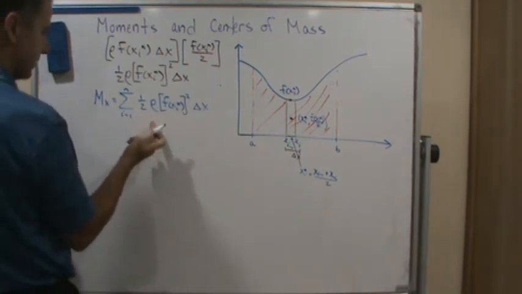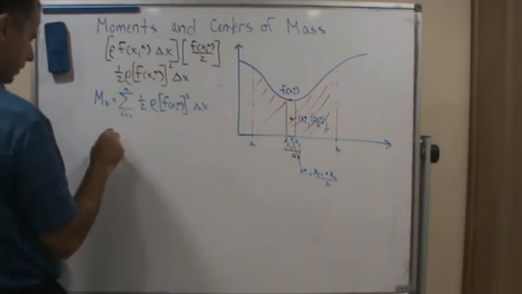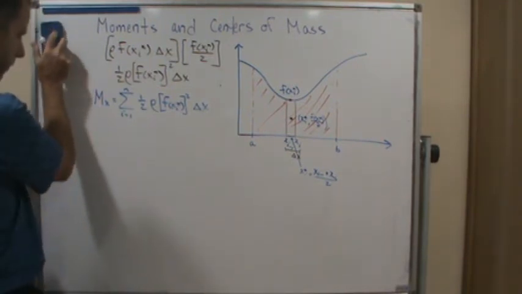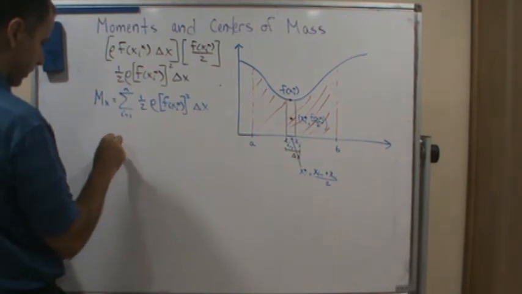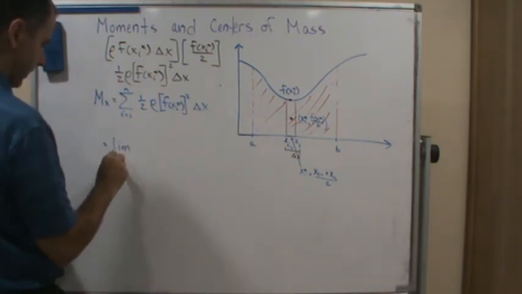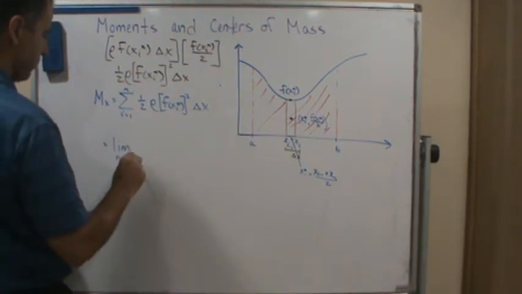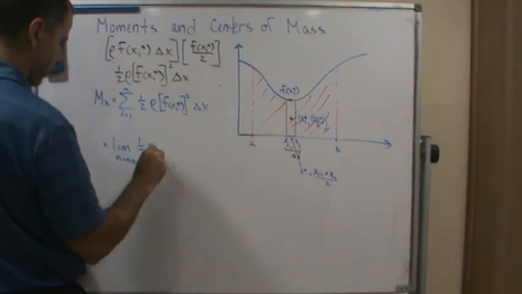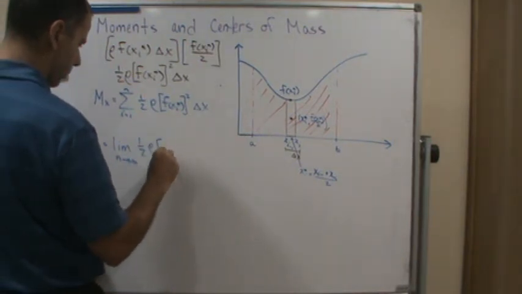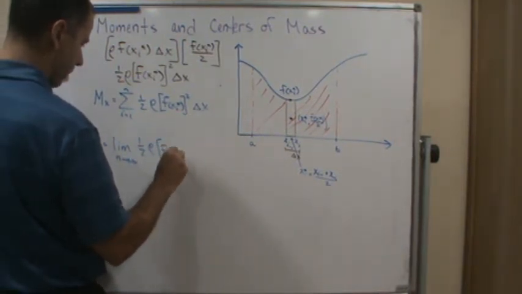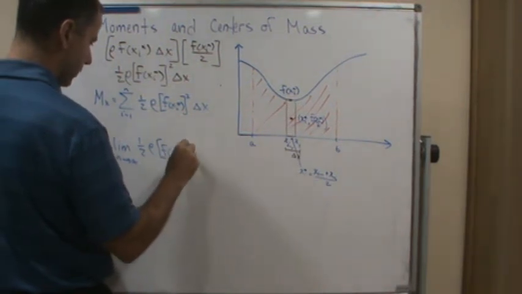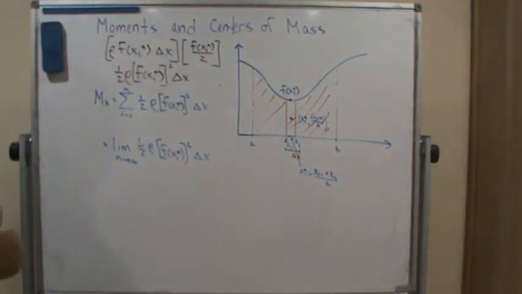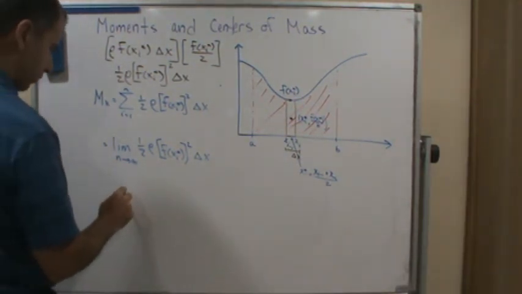So again, we're going to take the constants, pull them out, and so the limit, so this equals the limit as n approaches infinity of 1/2 rho times f of x sub i star quantity squared delta x, which then gives us our integral.